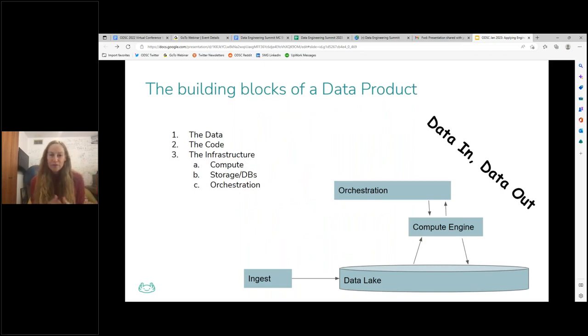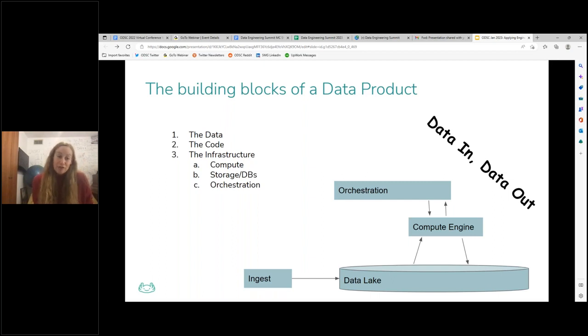I try to be very general, but still specific enough so that we could have a conversation. So the very general points are that we all have the data itself. We all have code that helps us analyze the data. That could be your SQL statements or your Python code, or if you're running bigger systems on Spark, your Java or Scala code.